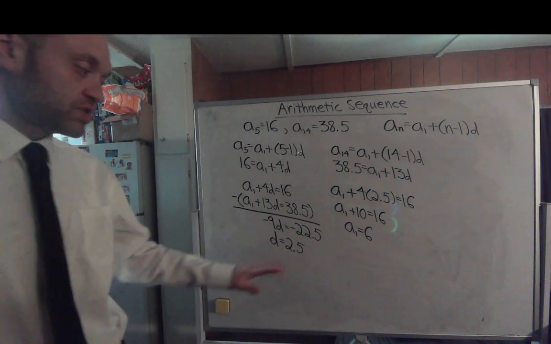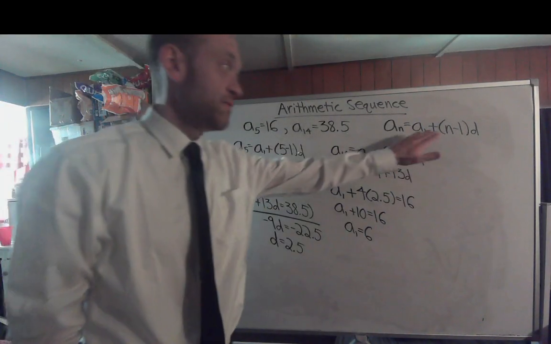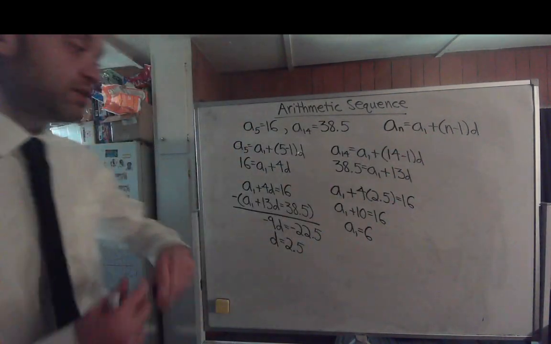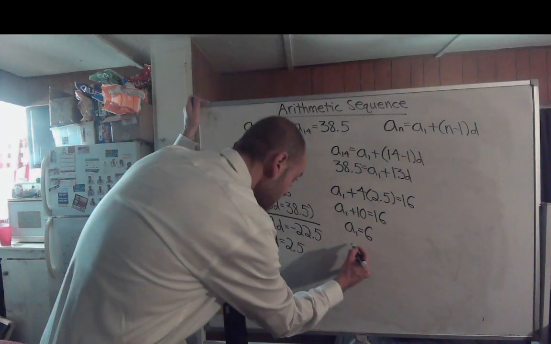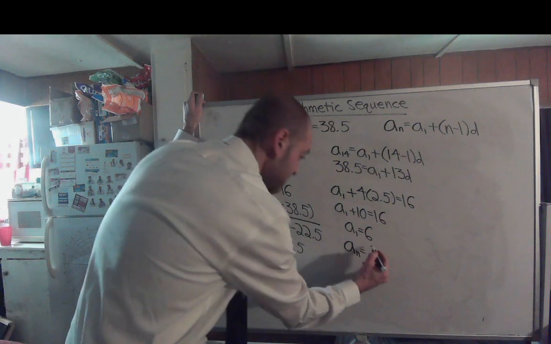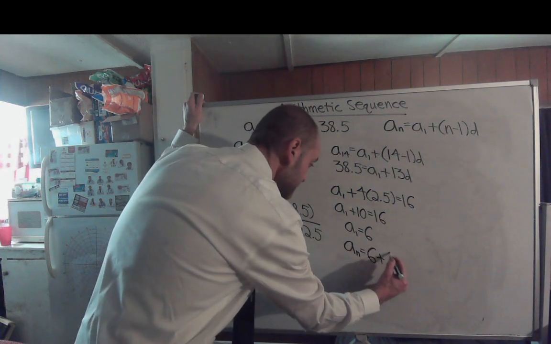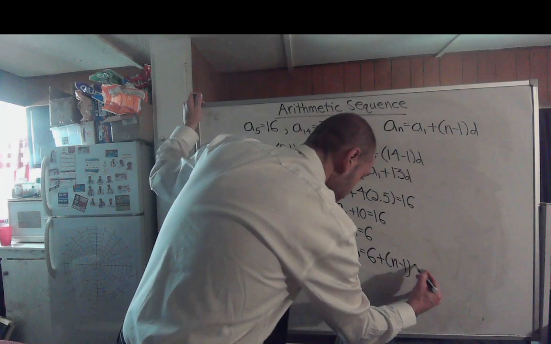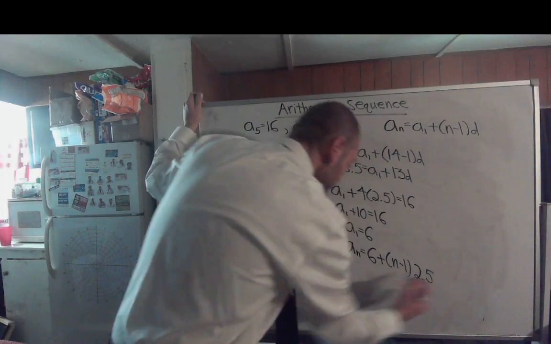Since we know the first term and the common difference, we can find the general explicit formula for the nth term of the sequence. A sub n is going to equal a sub 1, which is 6, plus n minus 1 times my common difference of 2.5. Let's simplify.